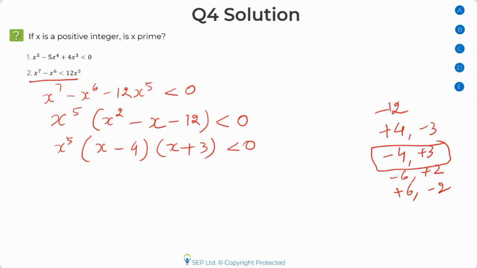See, Gagan has another question. Gagan says, after taking x cube common, can't we use number substitution and check? So Gagan, you can use number substitution. I'm not saying that you cannot use it, but the question that you need to ask is whether that's going to be time effective or not. You can solve a question in multiple ways, but what we are focusing on here is to understand the most effective way to solve a question. And always remember, number line method is going to be the most effective.